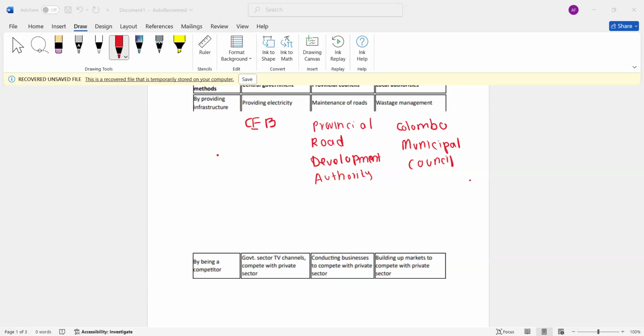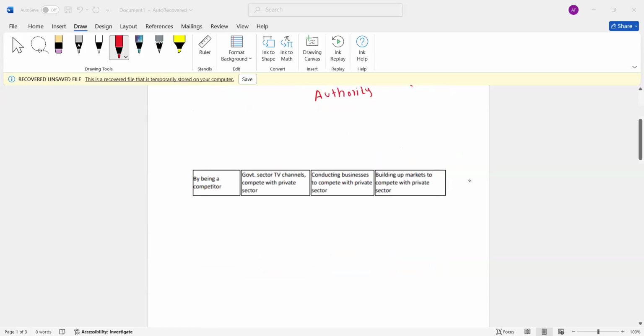Now remember, when it comes to TV channels, we'll write government sector TV channels. What are they? You have Rupavahini. You can write these examples. And what else? Rupavahini, ITN.